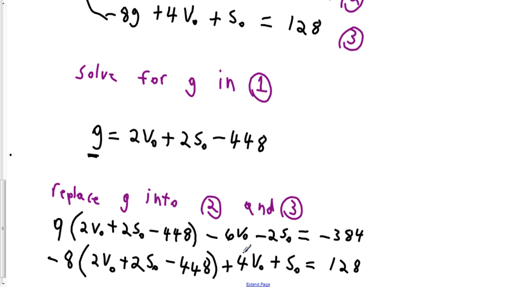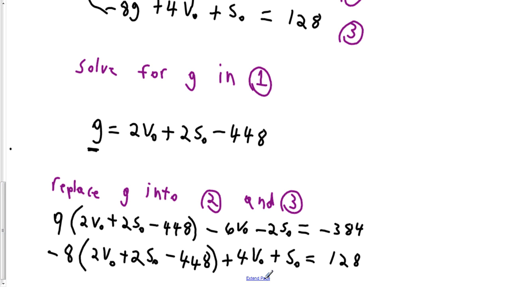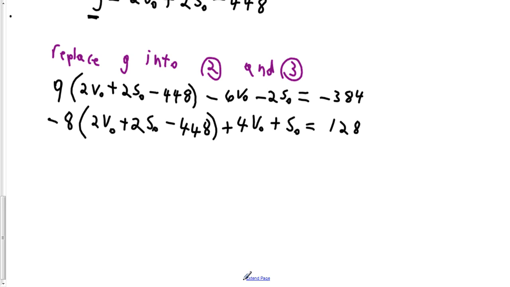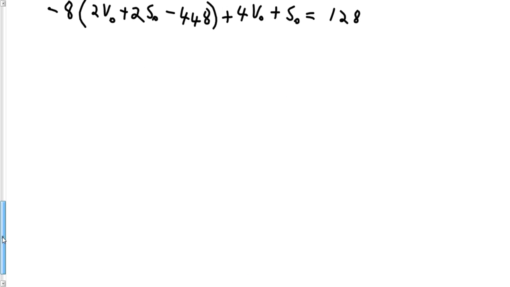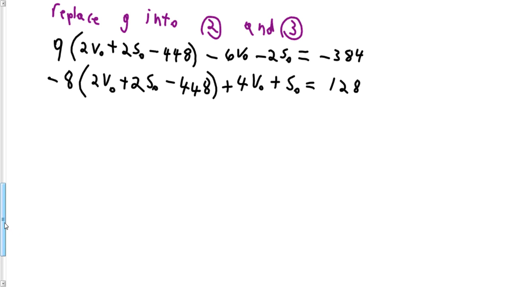So I get these two equations now, and if you notice, these two equations only contain the variables v naught and s naught.